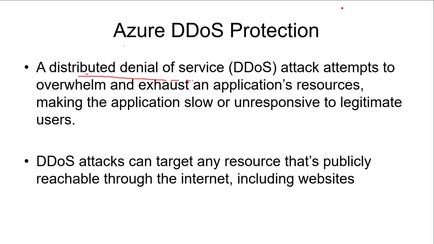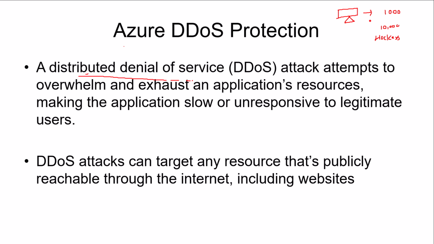For example, let's say you have deployed a website onto a server, and this website can accommodate only 1,000 users at a time. Now what happens? There are hackers. What are they going to do? They are going to send dummy requests to this website.